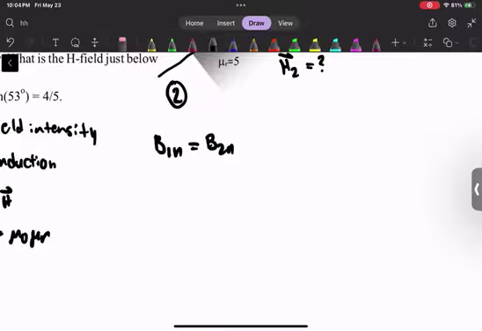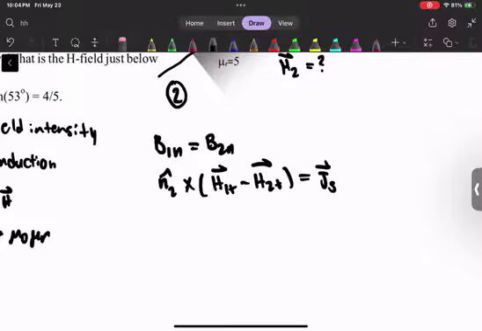We're also going to be using n2 cross the H1T vector minus the H2T vector. If we do the cross product of these two, we are able to derive the surface current density.